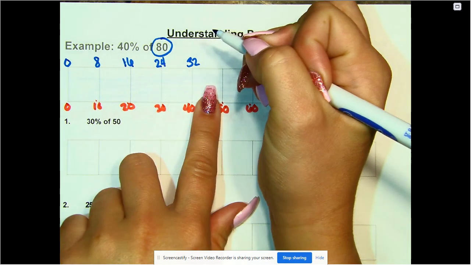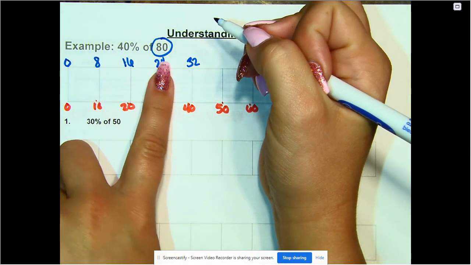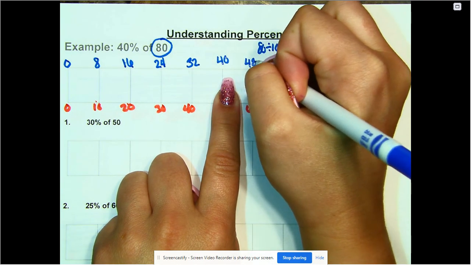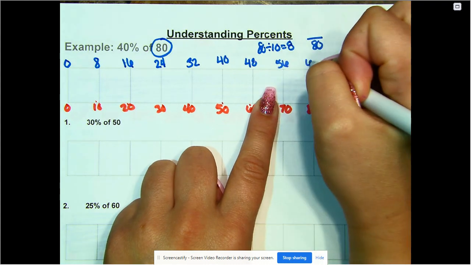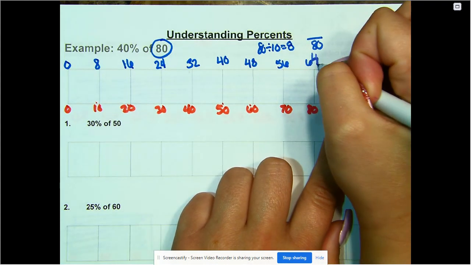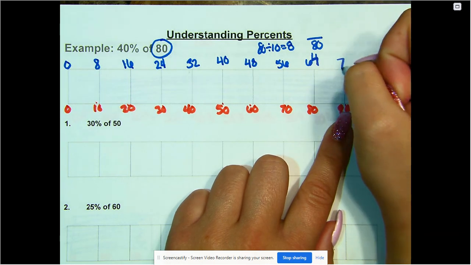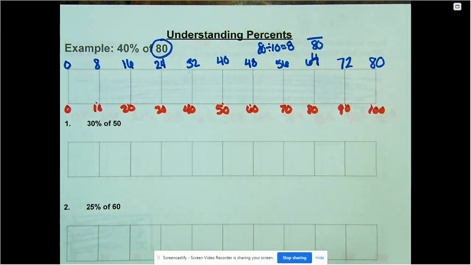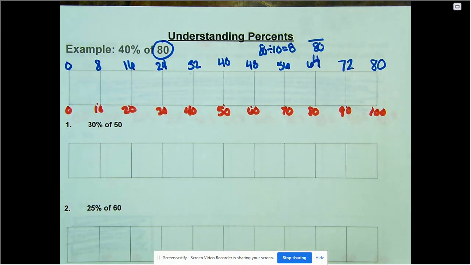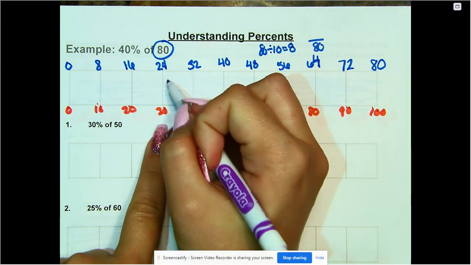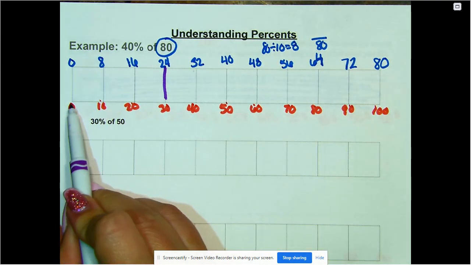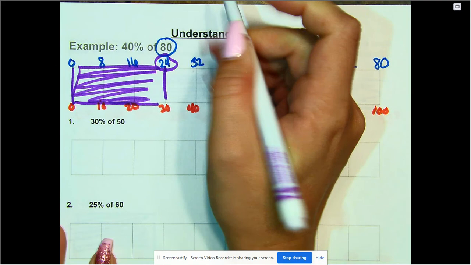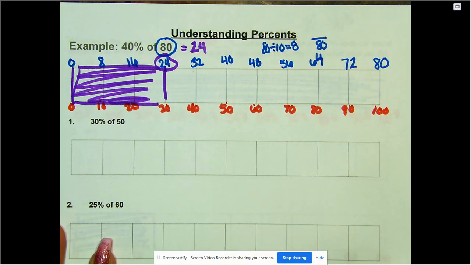And again, I'm just adding by 8, or 8 times 1, 8 times 2, 8 times 3, 8 times 4, 8 times 5, 8 times 6, 8 times 7, 8 times 8, 8 times 9, 8 times 10. Okay, because again, it was split into 10 sections. Okay, so where does your 40% land? 40% lands right there, which is at 24. So 30% of 80 is 24. Okay, so that is equal to 24.